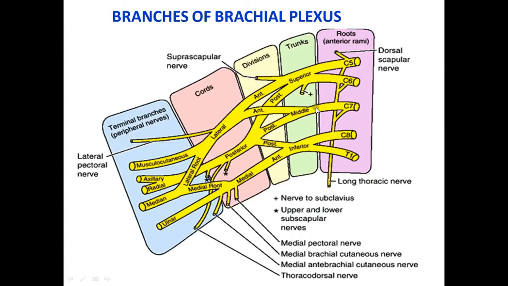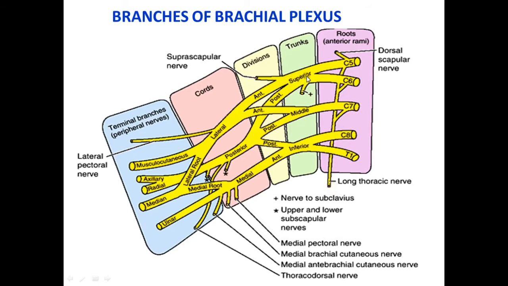Now this is another view which is showing the branches of the brachial plexus. Again, as we go from the roots, we can see that C5 gives the dorsal scapular nerve, directly emerging from the root. Another from C5, C6 and C7 is the long thoracic nerve emerging over here.